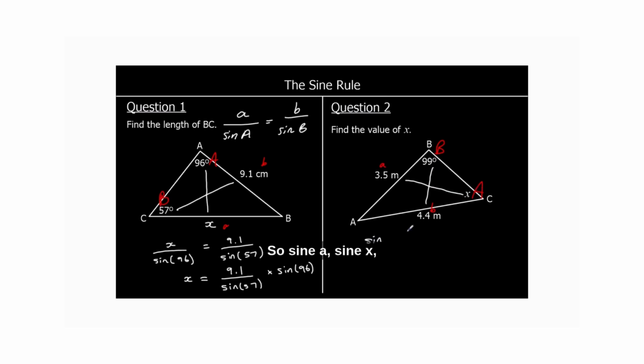So sine A, sine x over 3.5 equals sine with the other angle, 99, over 4.4. We want sine x by itself, so let's multiply both sides by 3.5.